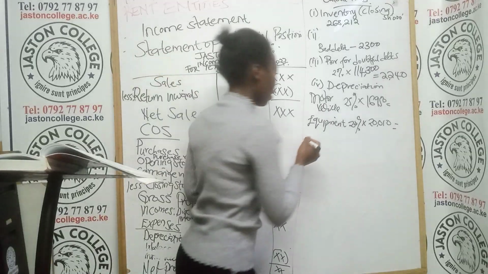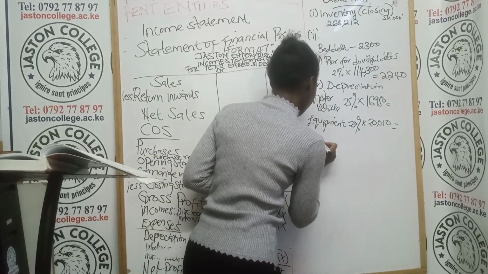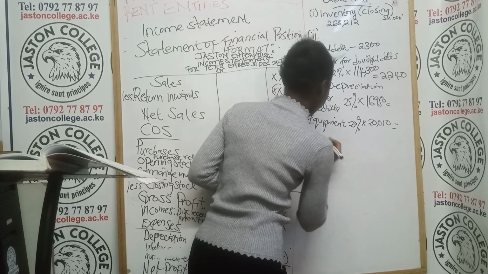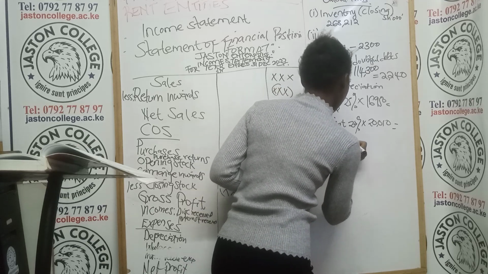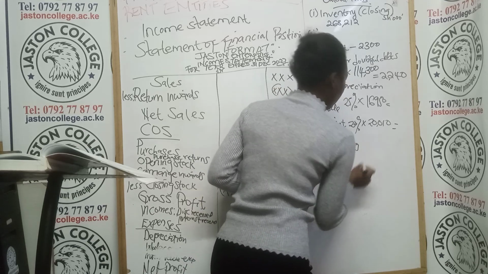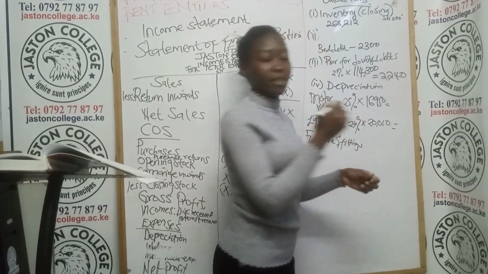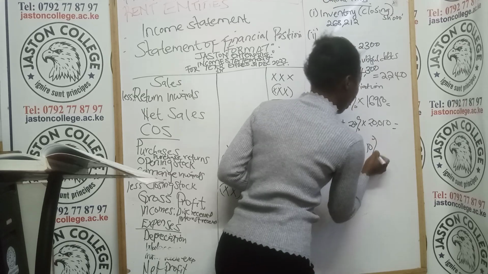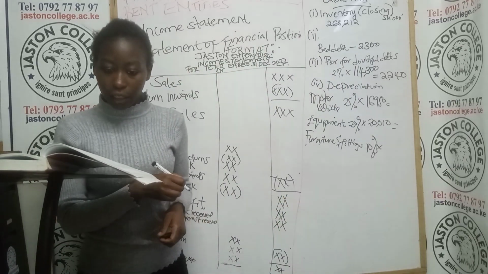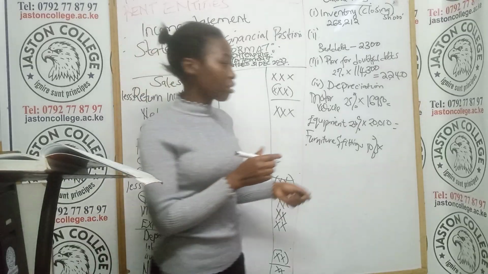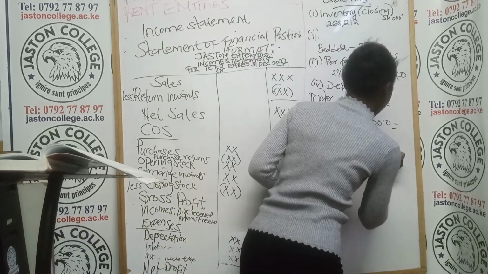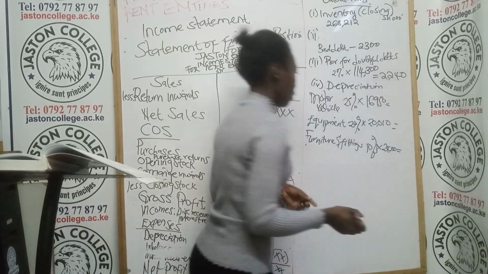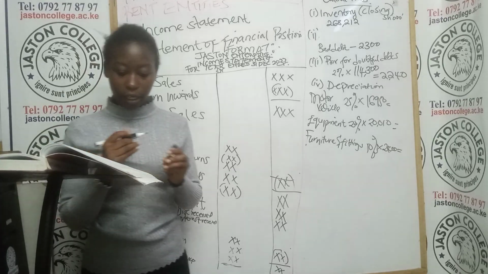Then we will have furniture and fittings. Depreciation of furniture and fittings at 10%. Let's confirm, 10%, yes. And the cost of furniture and fittings is 2,400. We will get our answer over here.